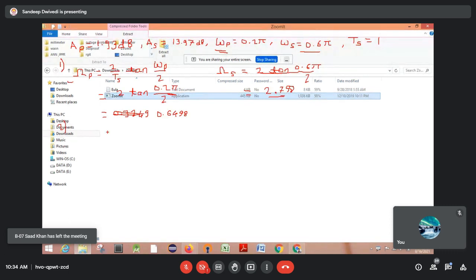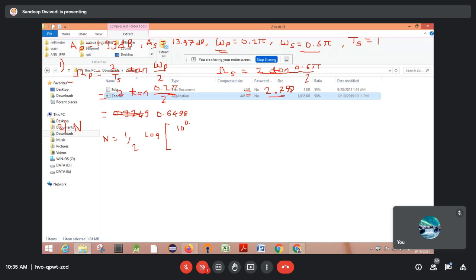Then the second stage is the order of the filter, denoted by capital N. As values are given in dB, the formula for the order is N equals 1 by 2 log of 10 raised to power 0.1 AS minus 1, divided by 10 raised to power 0.1 AP minus 1.